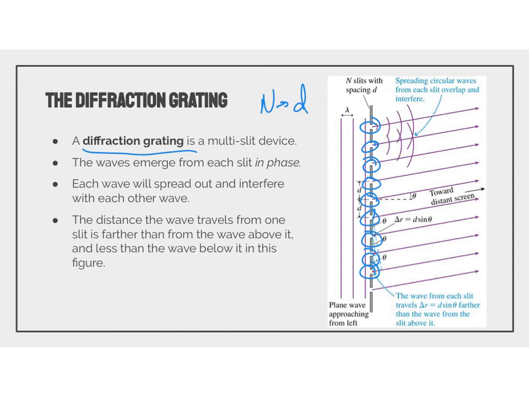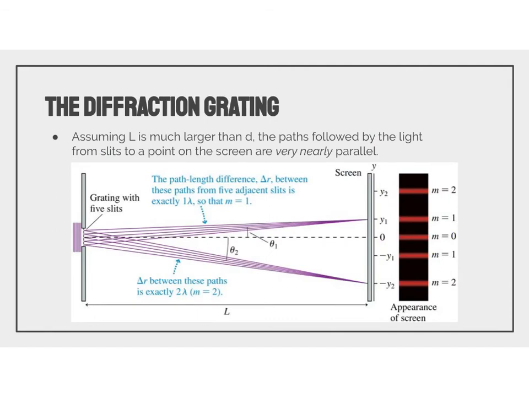Those waves come out and interfere with each other and make unique patterns. So here, for example, is a grating with 5 slits. What do we see? The same concept as a double slit, but things aren't uniform as they go out.